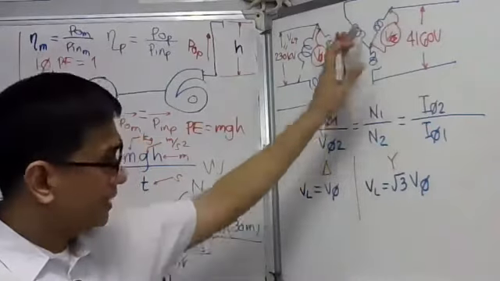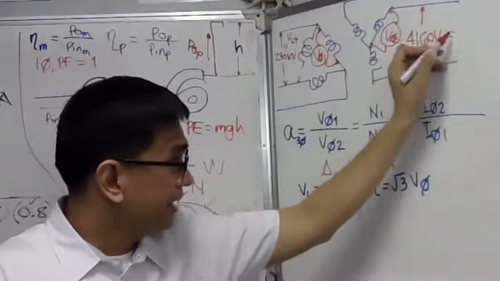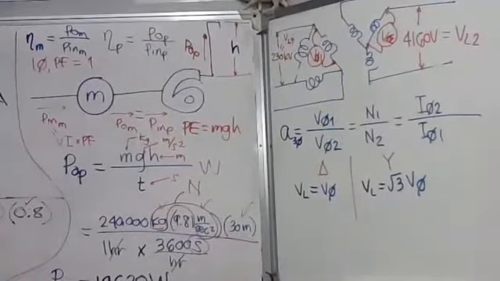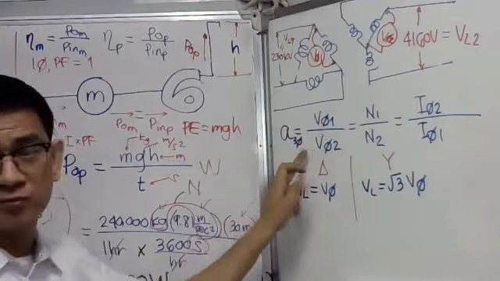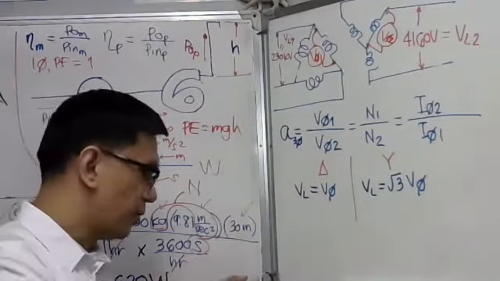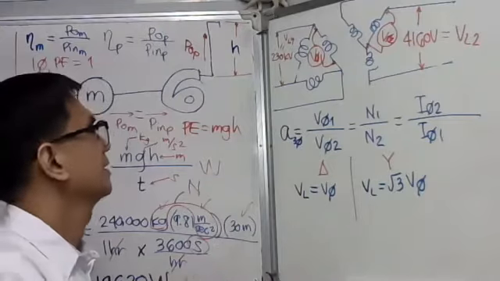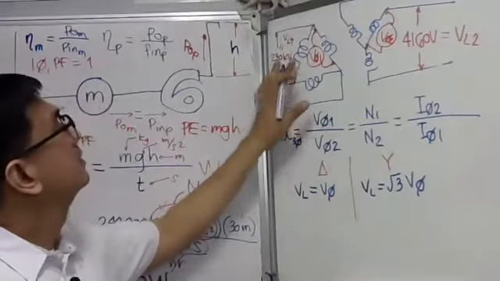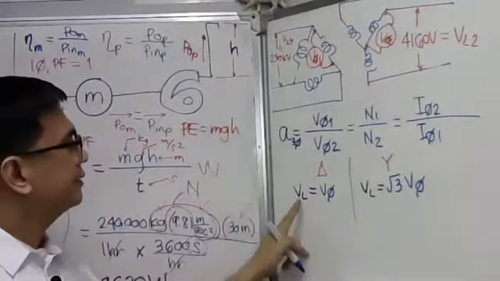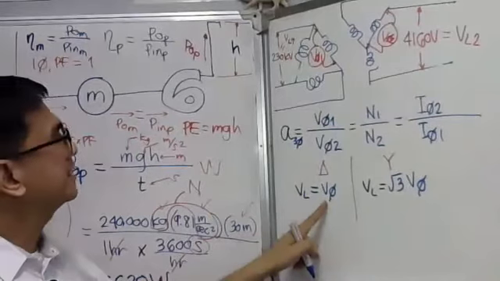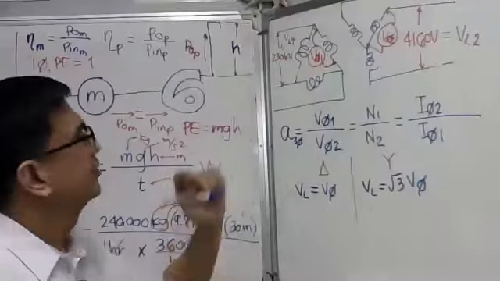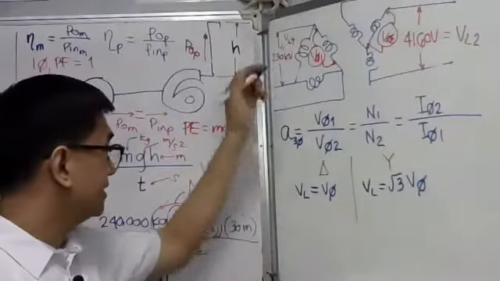The 4160 is the line voltage at the secondary. We just have to get V phase 1 and V phase 2. Obviously, our V phase 1 in delta, VL is equal to V phase. Our VL is 230, therefore our V phase is also 230.